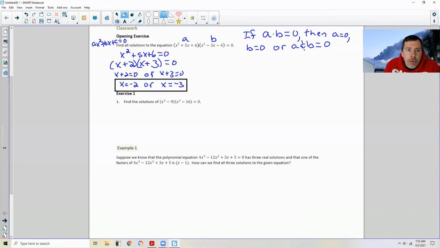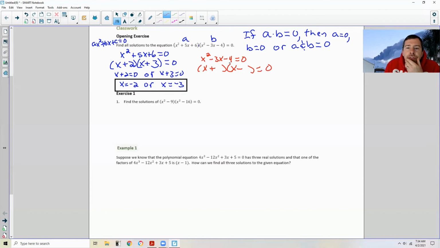But we also can look at the B portion and do the same thing. So now we have x squared minus 3x minus 4, and we're going to set it equal to 0 and factor. This is negative, which means one sign is positive and one is negative, and the larger one is negative.